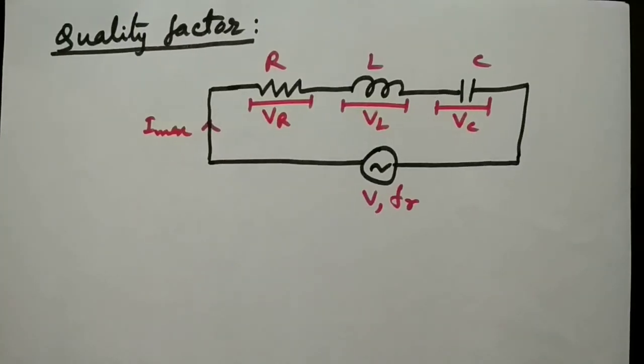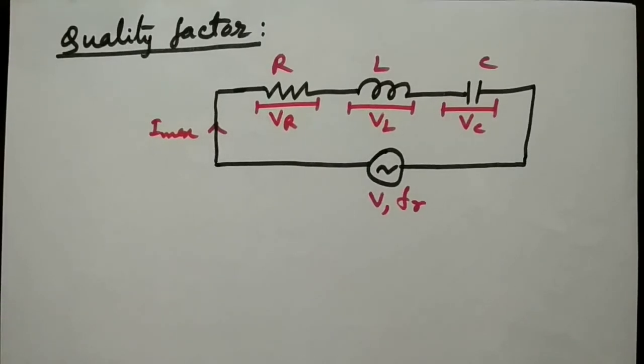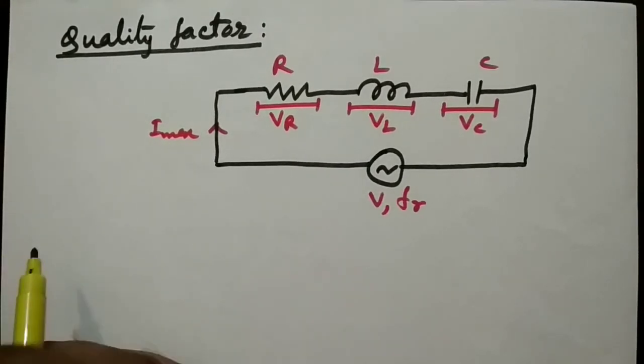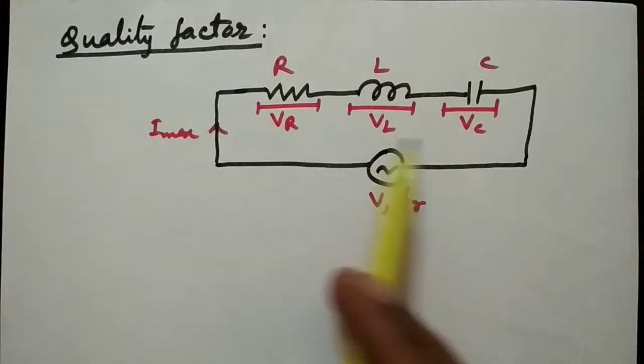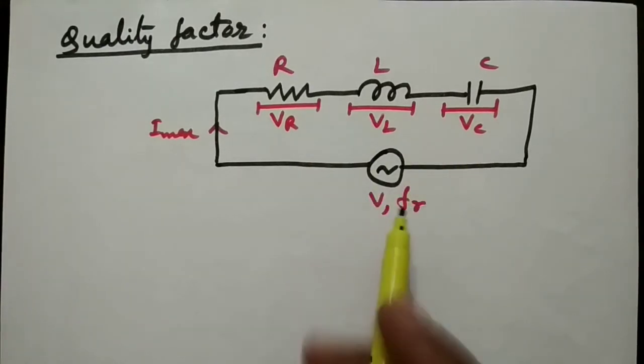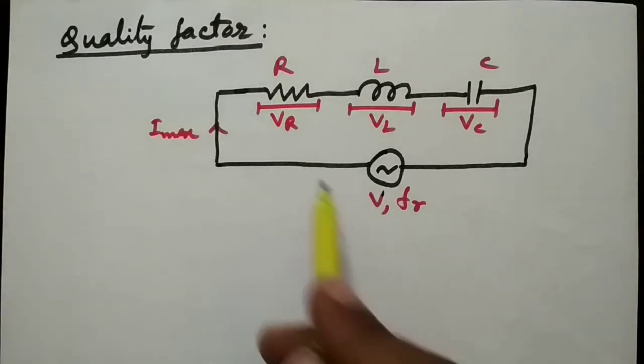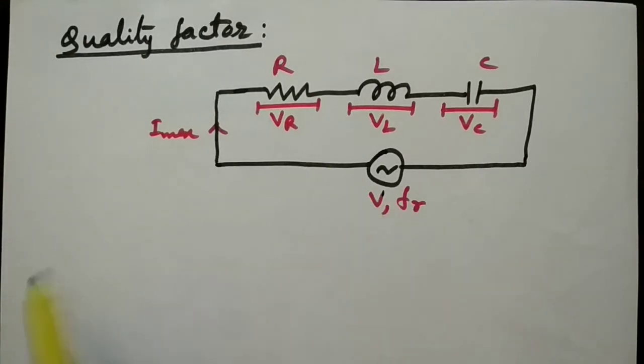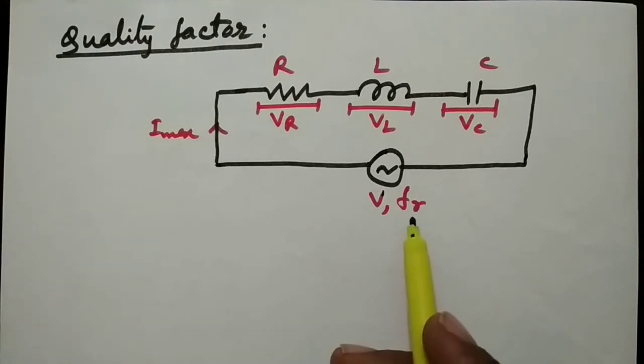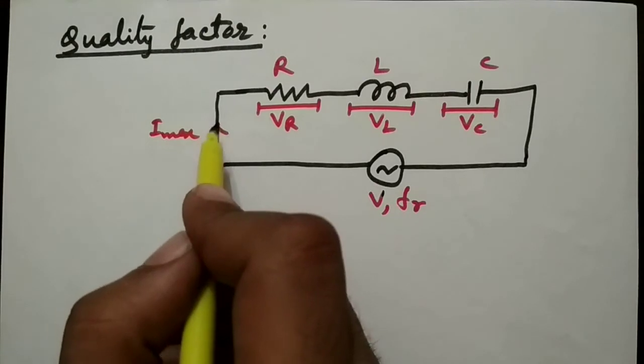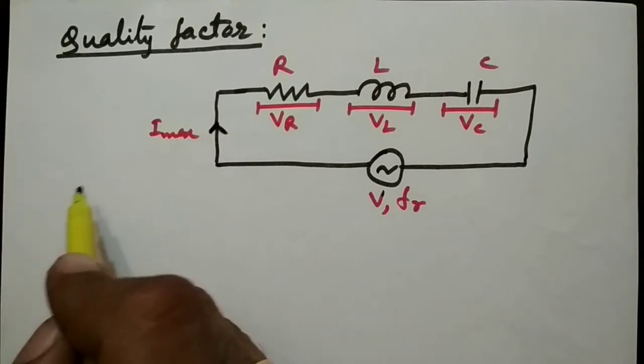Now see the quality factor. Before we discuss the quality factor, here is the RLC series circuit. V is the voltage supply and the circuit is running at a resonant frequency, that is fr. We know that during resonance condition, the circuit current becomes maximum.